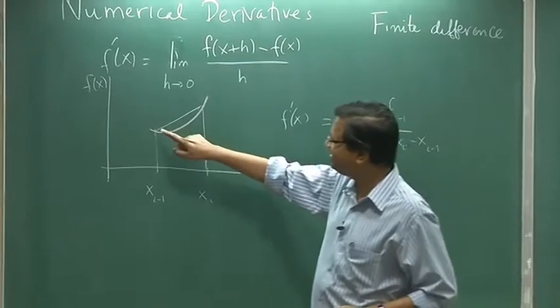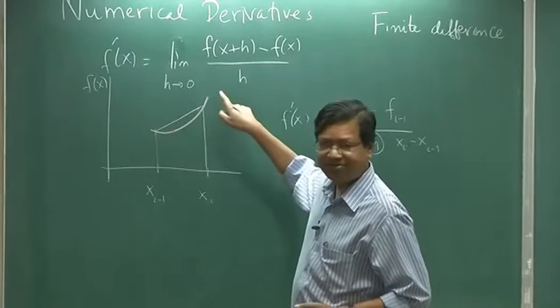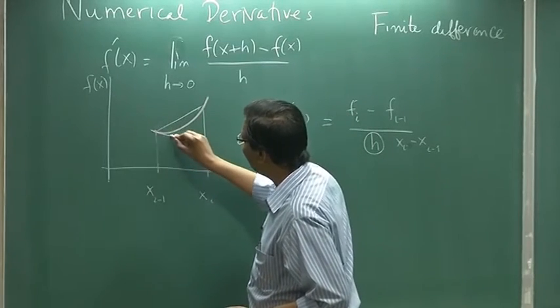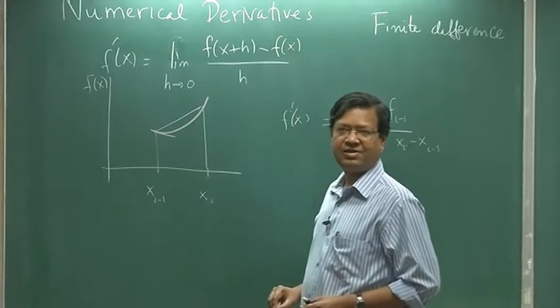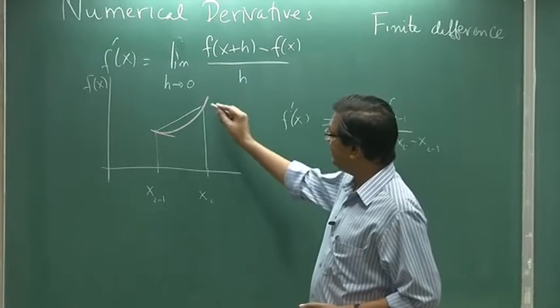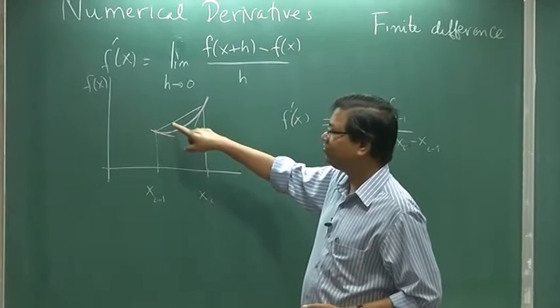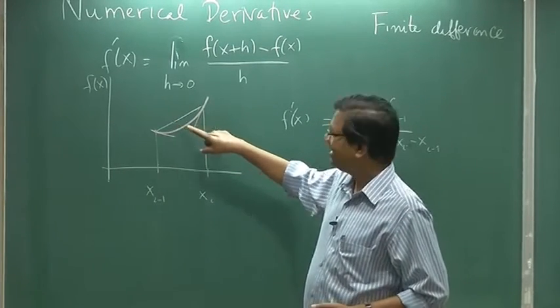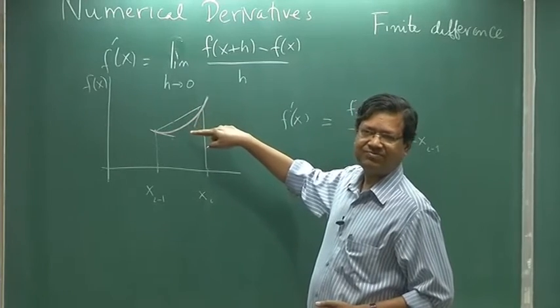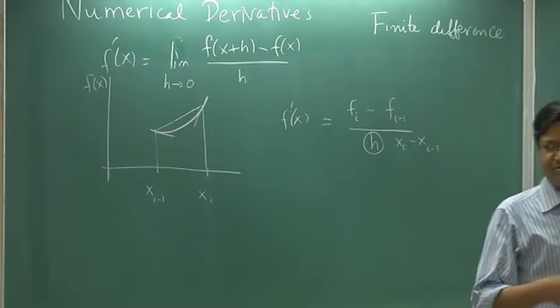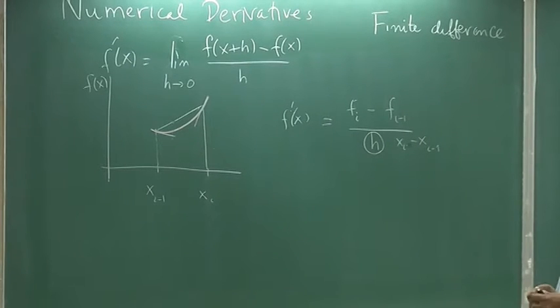My derivative number is this slope, but the value of the derivative at this point is in fact slightly negative. Here it is positive, so at this point it is overestimating, at this point underestimating. So as soon as you have nonlinearity, higher order terms, this does not work.